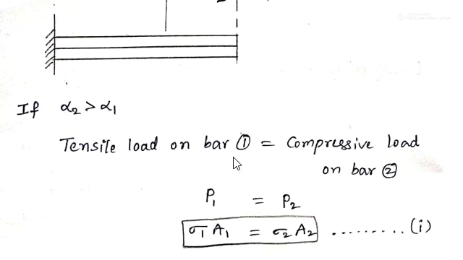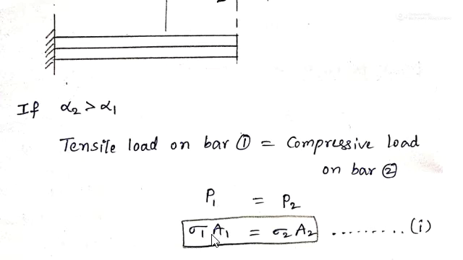So we can write an equation here, that is tensile load applied on bar 1 is equal to compressive load applied on bar 2. So P1 is equal to P2. We can write P1 as sigma 1 A1. Why? Because we know from the simple stress definition or formula, stress is equal to load by area, or we can write load is equal to stress into area.